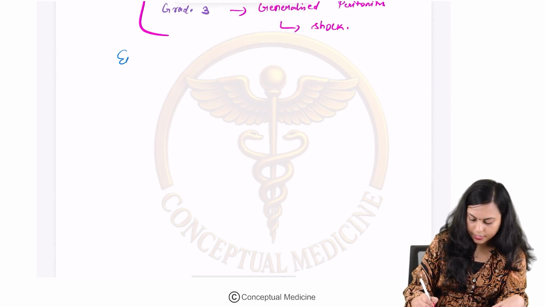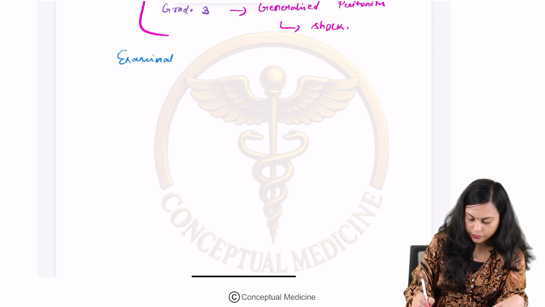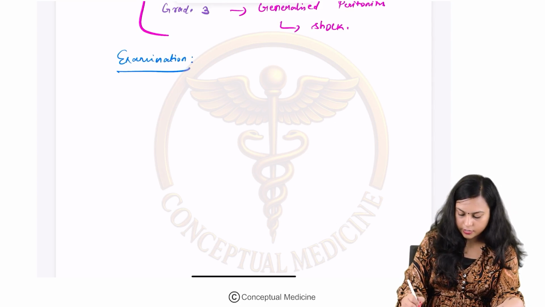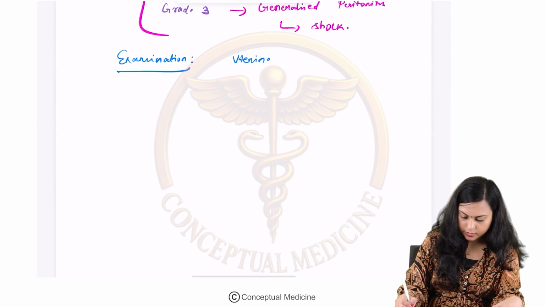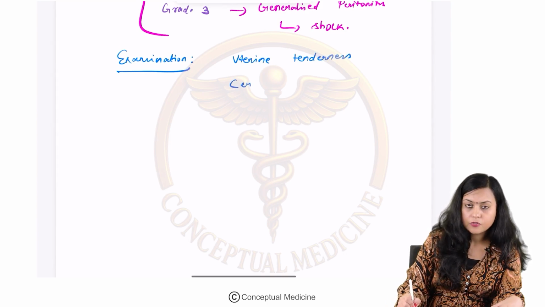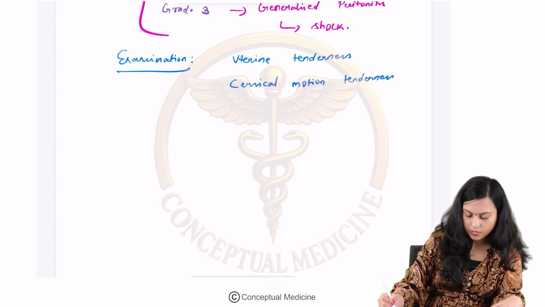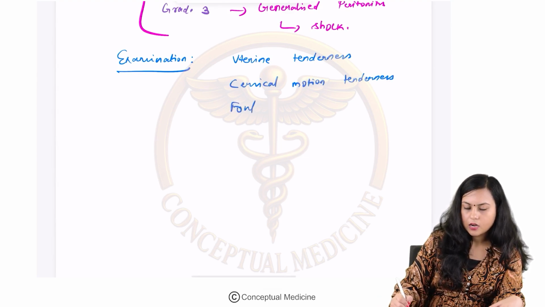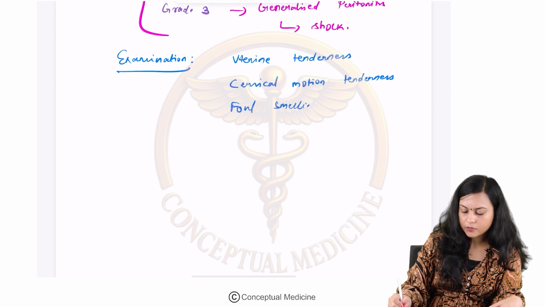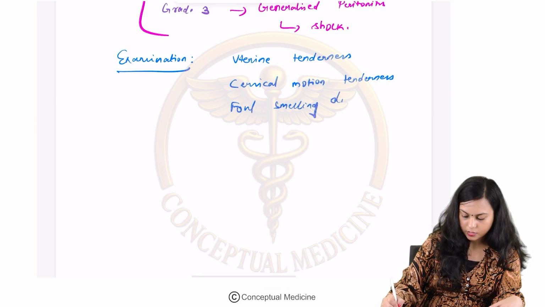And on examination, generally there will be uterine tenderness, and if you do a per vaginal examination, a cervical motion tenderness can also be appreciated, and a foul smelling discharge can also be a finding in examination.